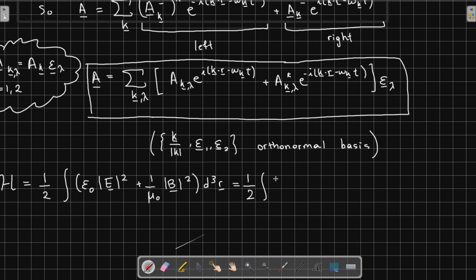And so here we get that this is equal to epsilon_0 times the derivative of the vector potential squared plus 1 over mu_0 times the curl of A squared, dr. Okay.